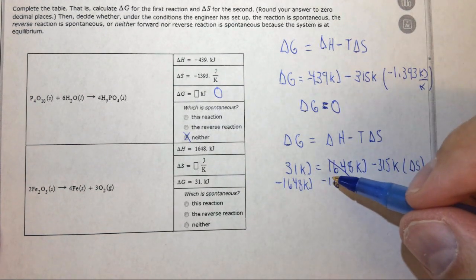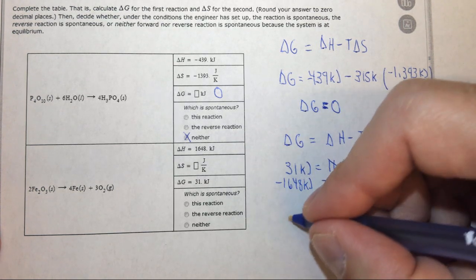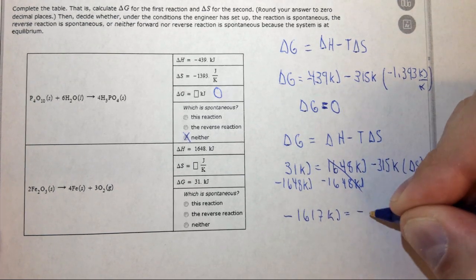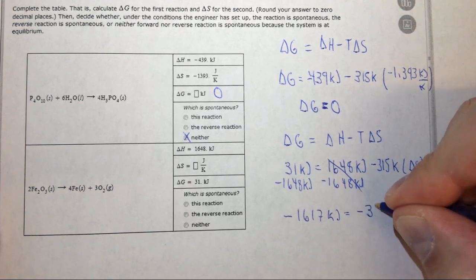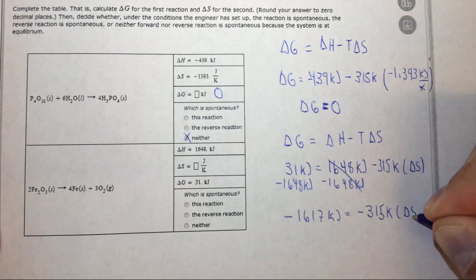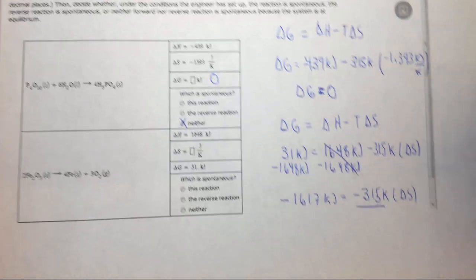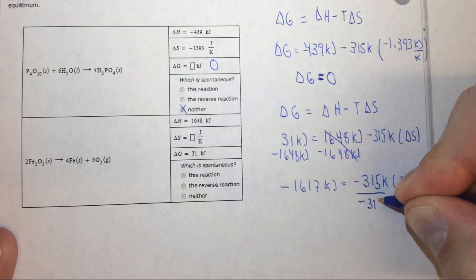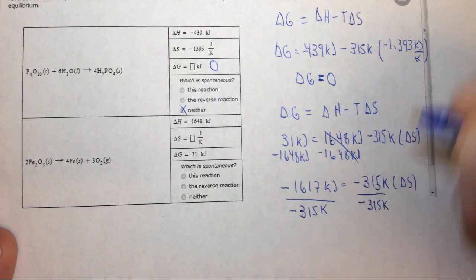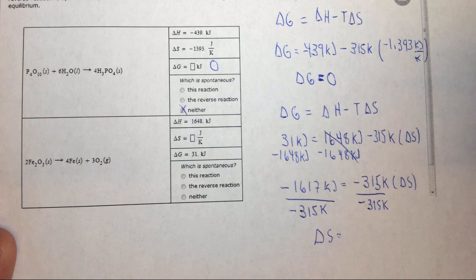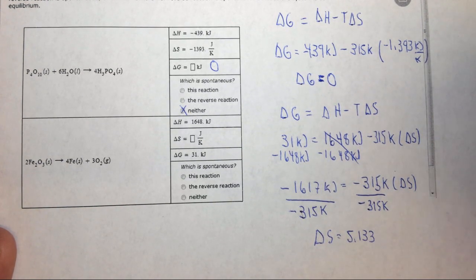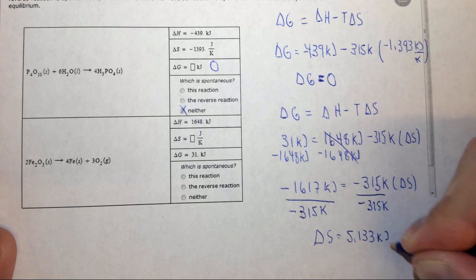And what we find is that negative 1617 kilojoules equals negative 315 K times delta S. Now we want to divide by the negative 315 K, divide by negative 315 K, and what we find is delta S equals 5.133333 kilojoules per K.